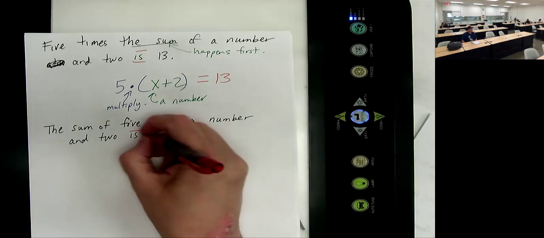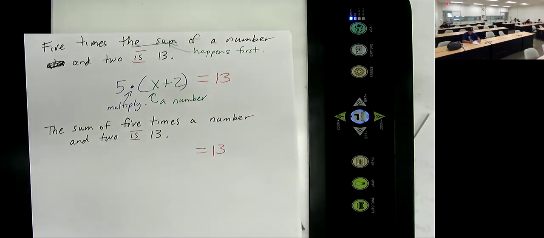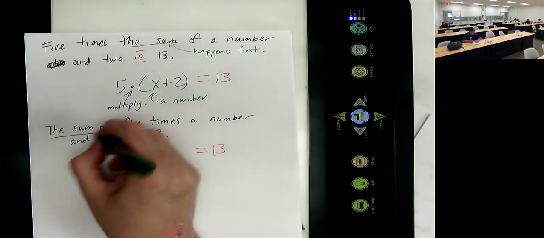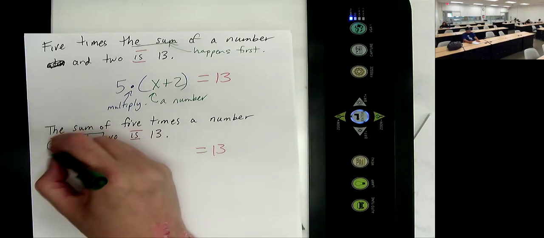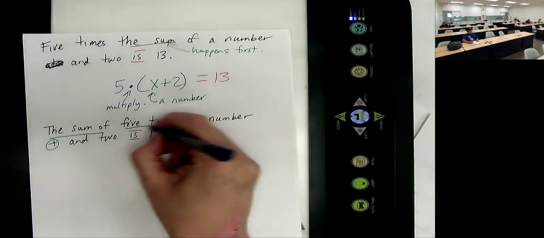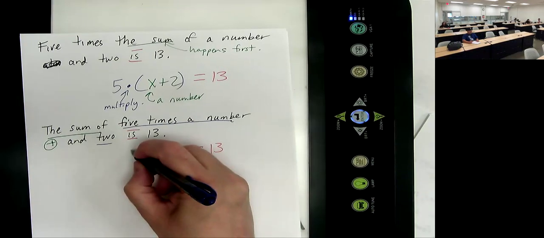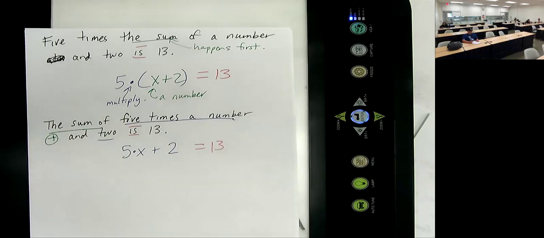So is still an equal sign, so we're gonna have equals 13. The sum of is implying addition. And what are we adding? We're gonna add up 5 times the number and 2. We don't know what the number is, so we'll give it an x. 5 times that number would be 5 times x. Plus 2.